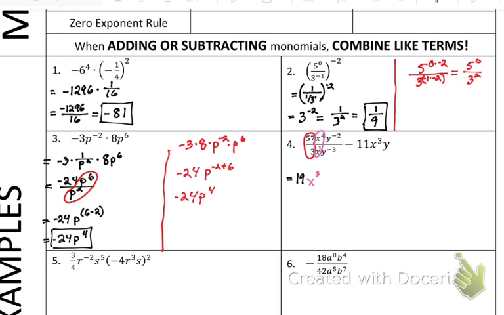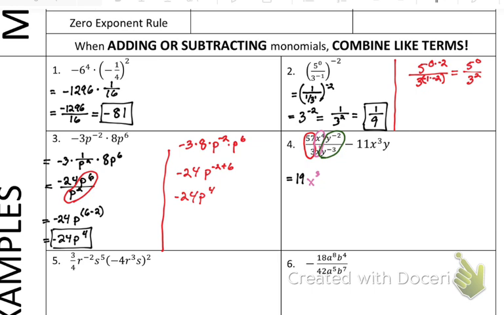Our next one. I don't know if I did all the steps. I did. Okay, so our next one is going to be y to the, I'm going to write above this in a second. Let's go green with it. What's negative 2 minus negative 3? 1. It equals a positive 1, right?